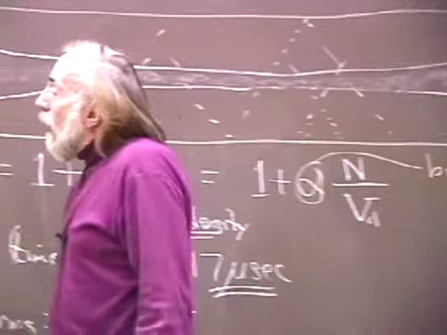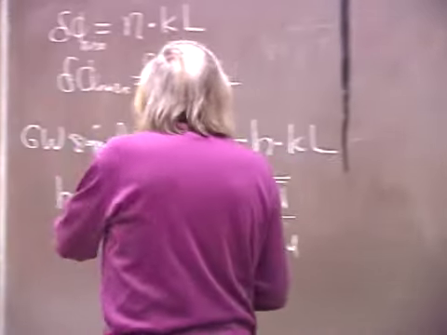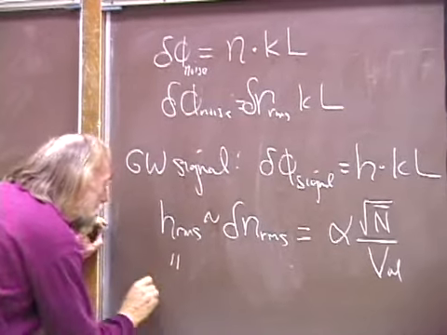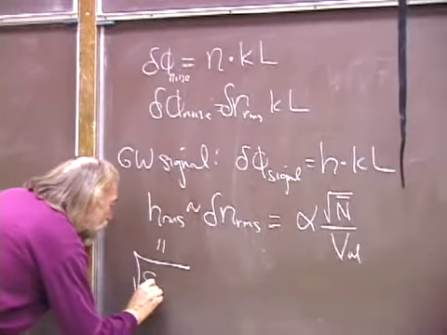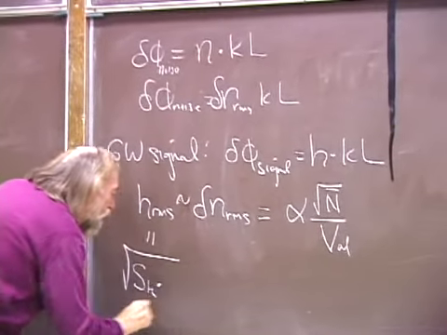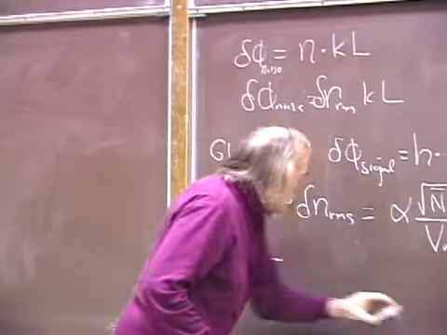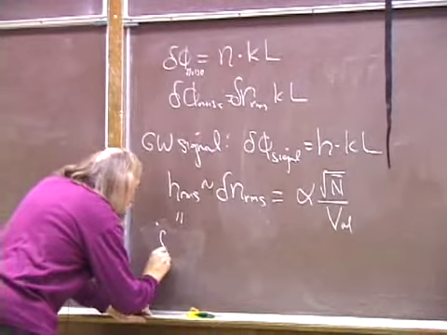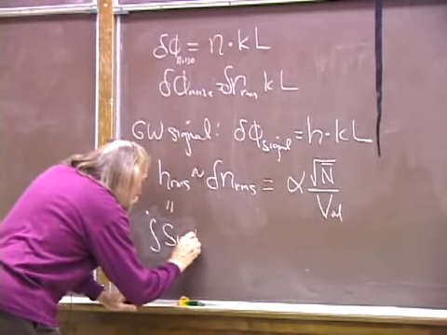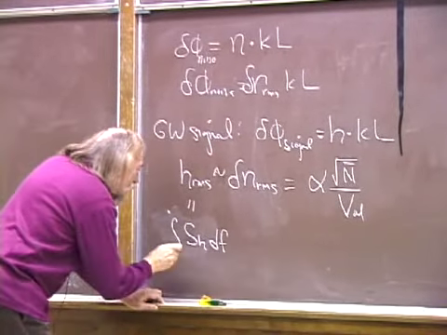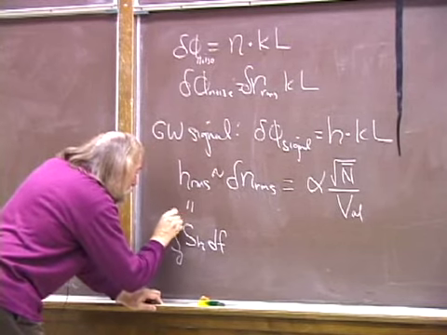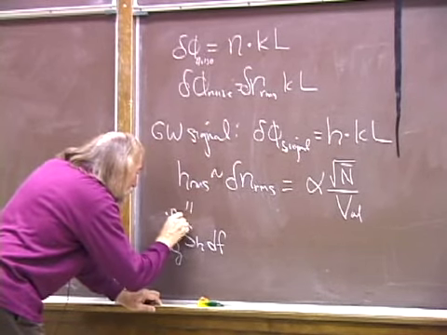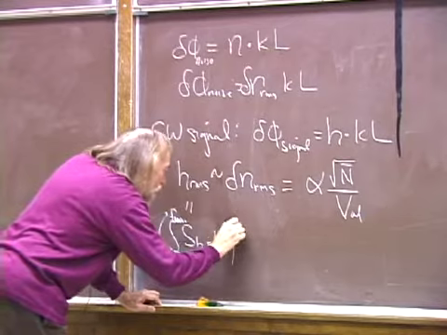And so that means that this h RMS is going to be equal to the square root of the spectral density times, well, let me start over again. h RMS we can get by integrating the spectral density of h with respect to frequency from 0 to the maximum frequency involved in the shots and taking the square root.